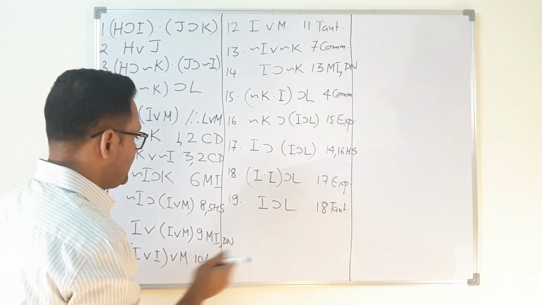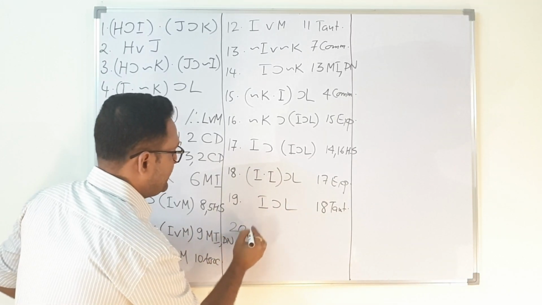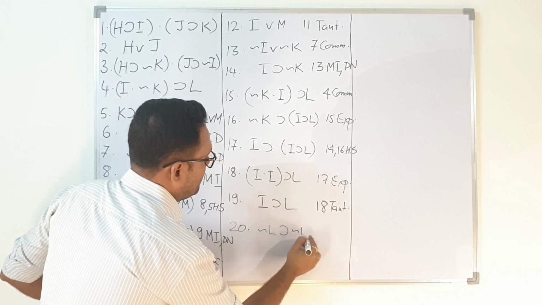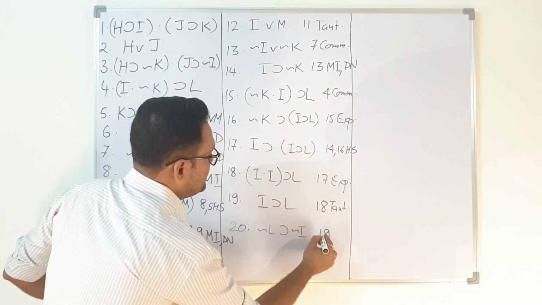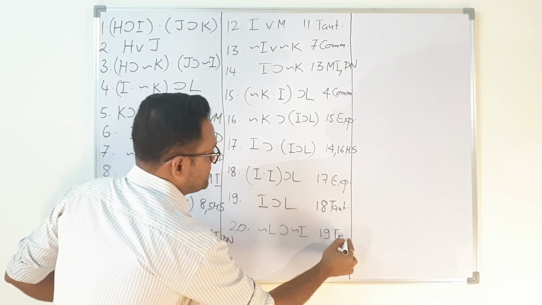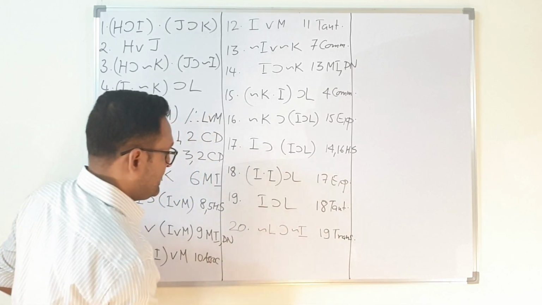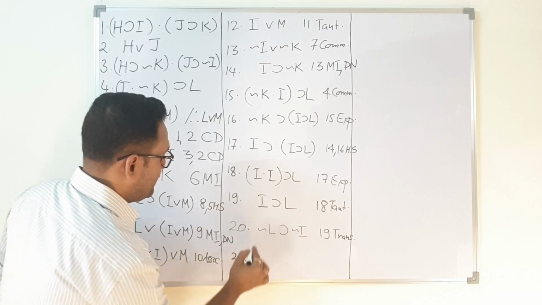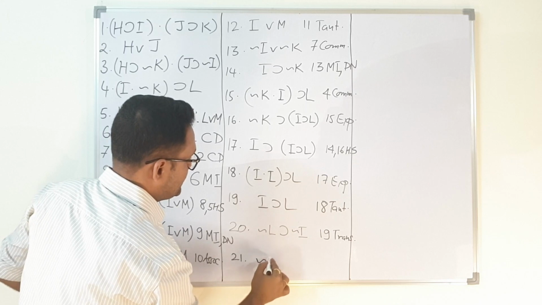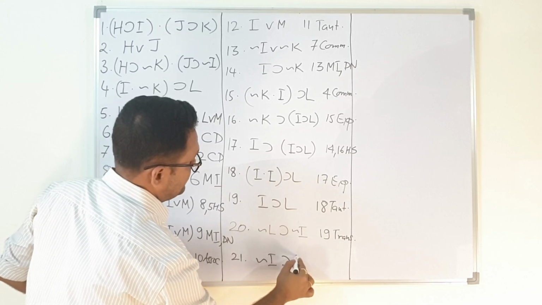So you can see that right now. So step number 20, I do it like this. Negation of L implies negation of I. This is on 19. I have applied transposition. Fine. Okay. And then on 21 step, I will make it like negation of I implies M.